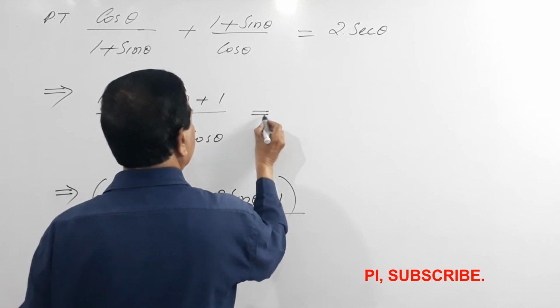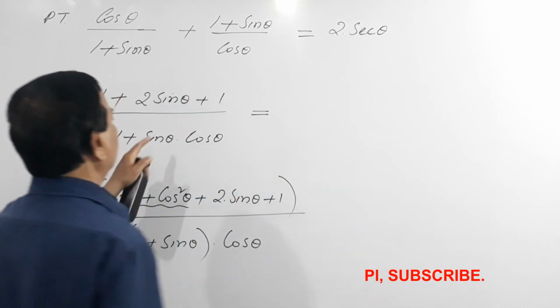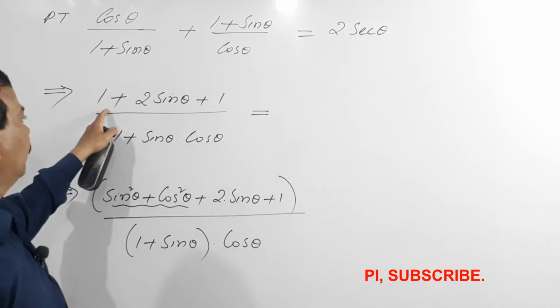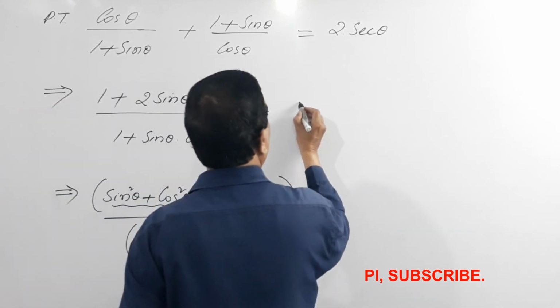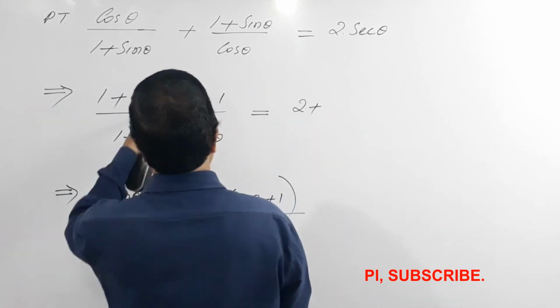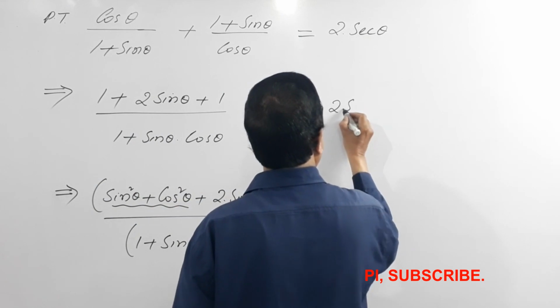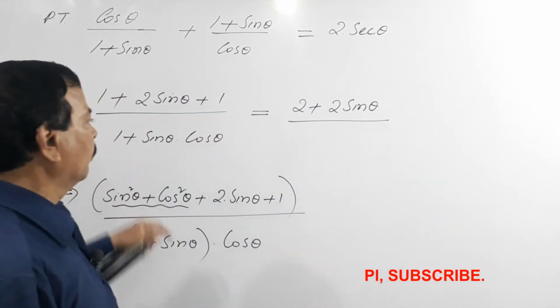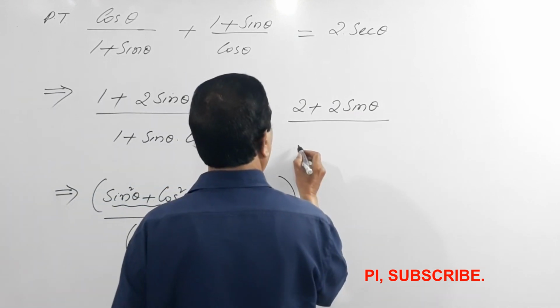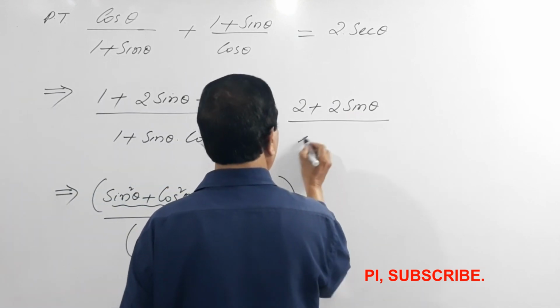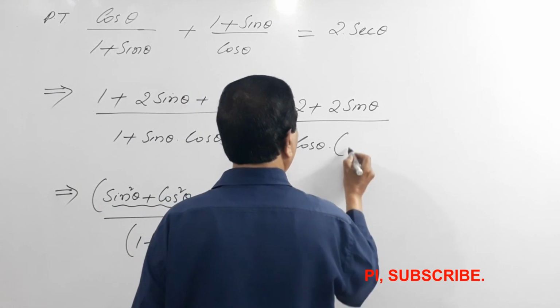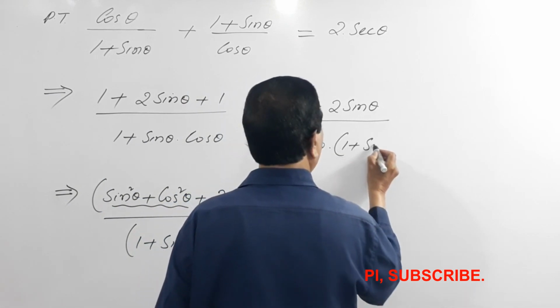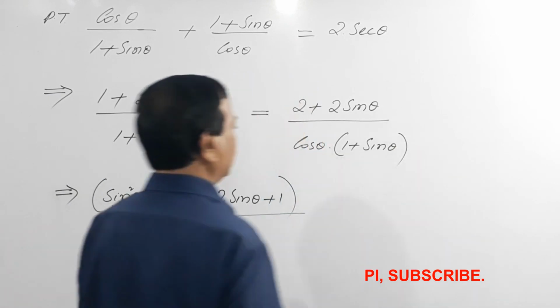And what is this? This equals 1 plus 1 is 2, plus 2 sin theta, divided by cos theta into 1 plus sin theta.